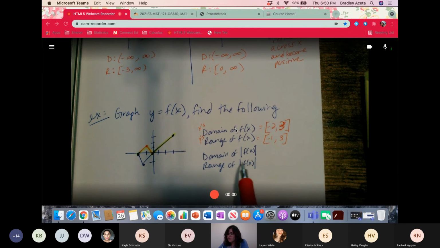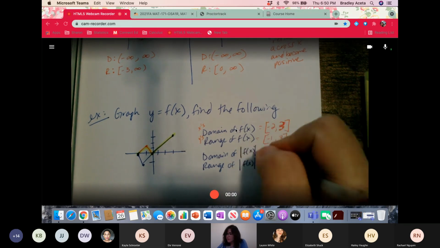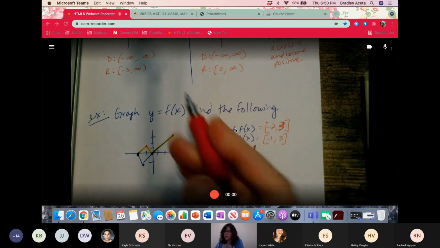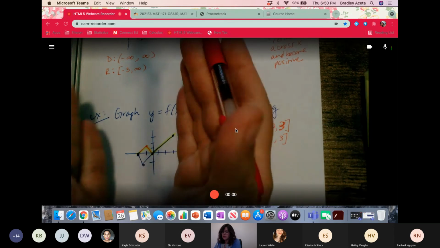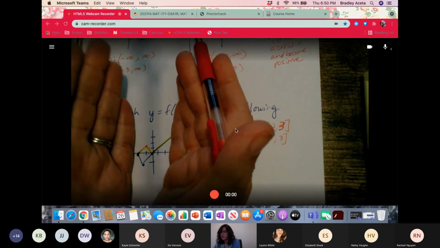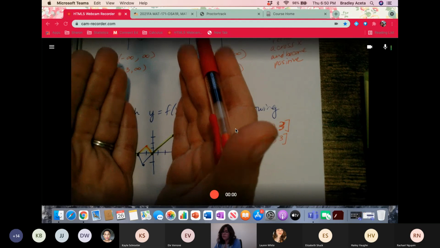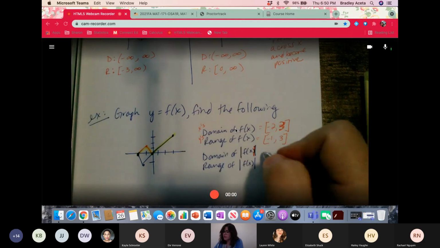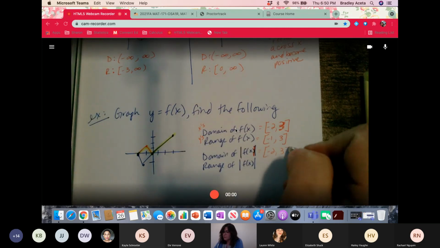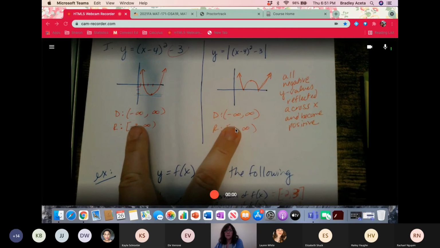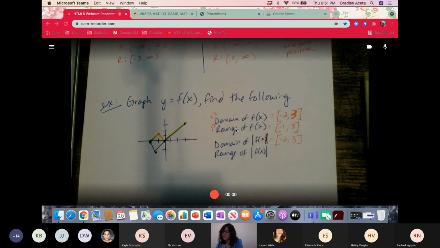So now what's the domain of the absolute value? What's the domain of this highlighted yellow function? Well, it's from, again, let's say -2 to +3. That didn't change. It didn't change up here either. What's the range though?